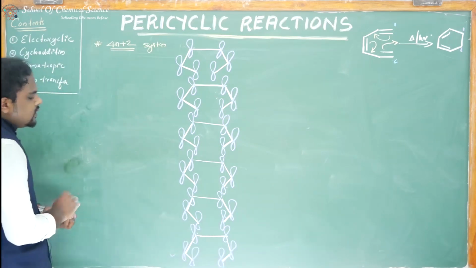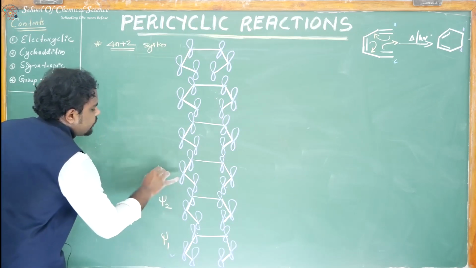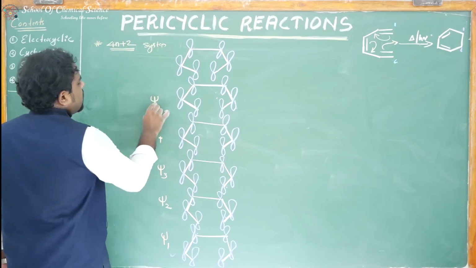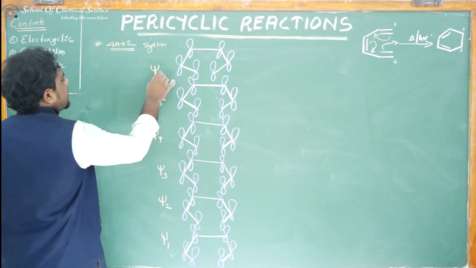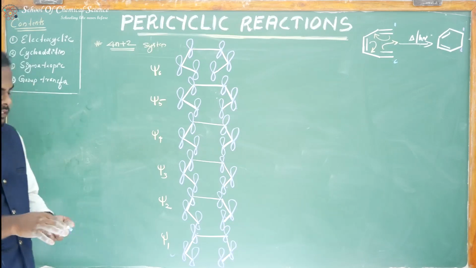This is psi 1, psi 2, psi 3, psi 4, psi 5, psi 6. Six molecular orbitals are there.